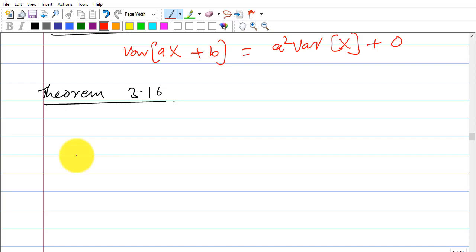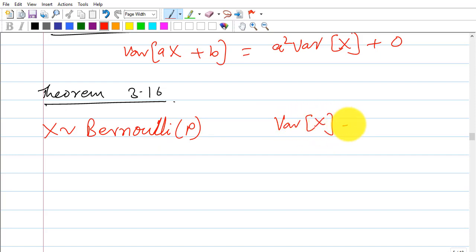Now say if X is a Bernoulli p random variable, the variance of X will be p into 1 minus p.